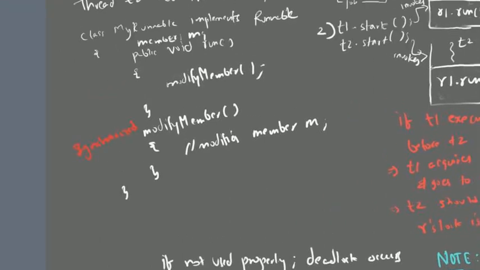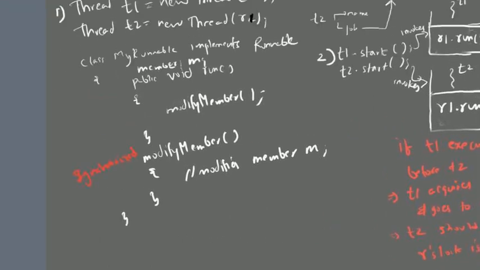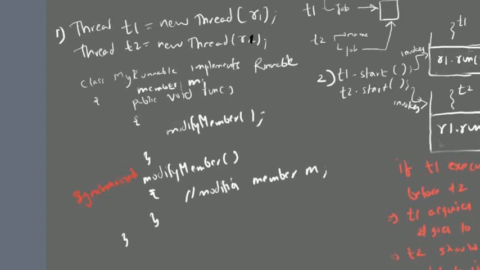So if T1 is the thread which enters modify member, because it's a synchronized method, T1 should acquire the lock of R1 before entering this method, and it holds on to the lock of R1 until it is done with the method.